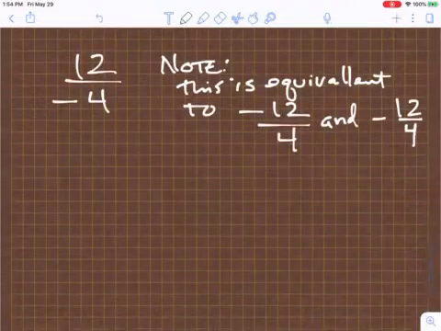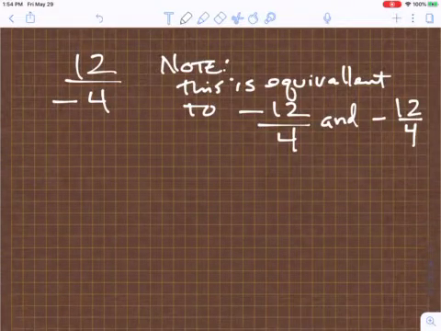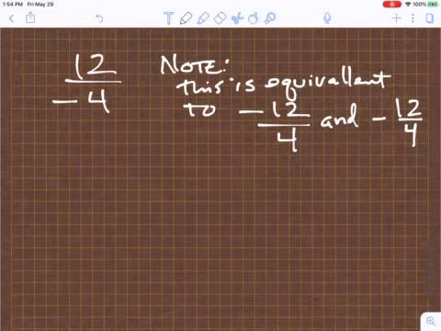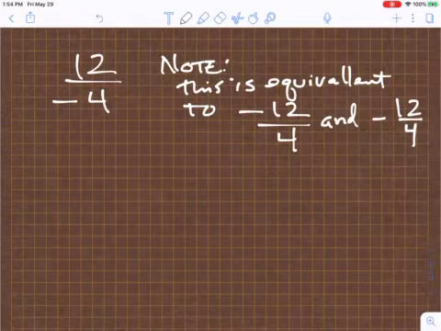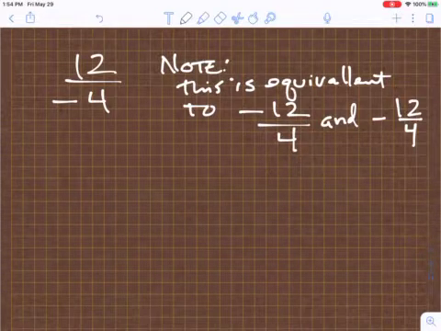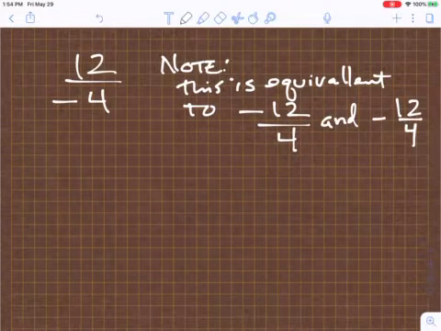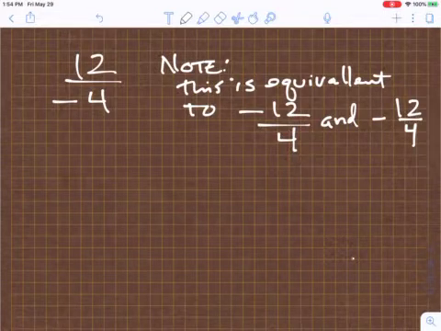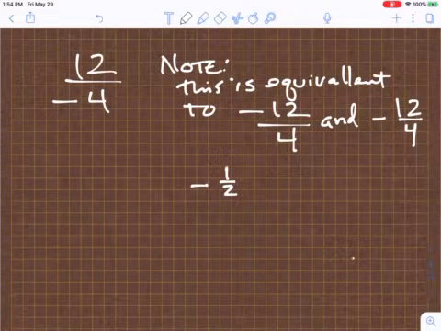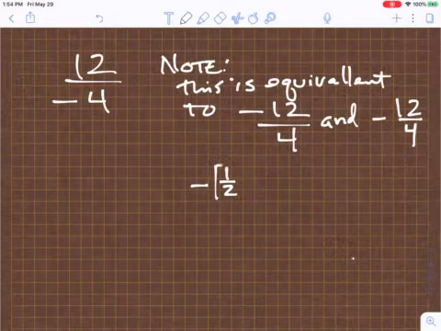Another thing I want to talk about really quick is that fractions with negatives can be written a bunch of ways. If somebody says negative 1/2, a lot of times people will put the negative sign out front and then write the 1/2 as one number.